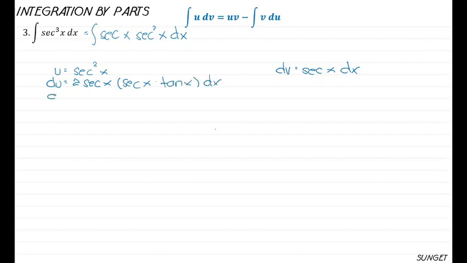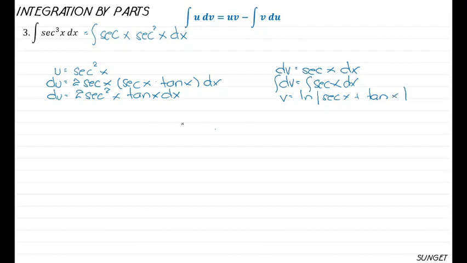So simplify. du is equal to 2 secant squared x times tangent x dx. Then for dv, integrate each side. So v is equal to integral of secant x dx, so v is equal to ln of secant x plus tangent x.